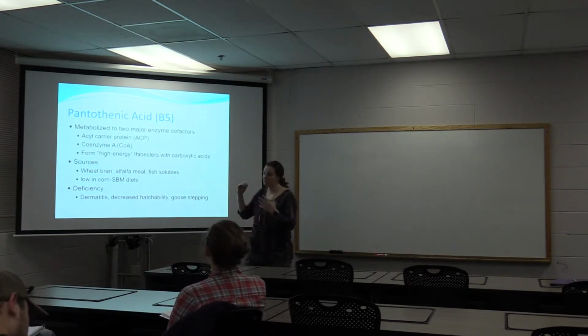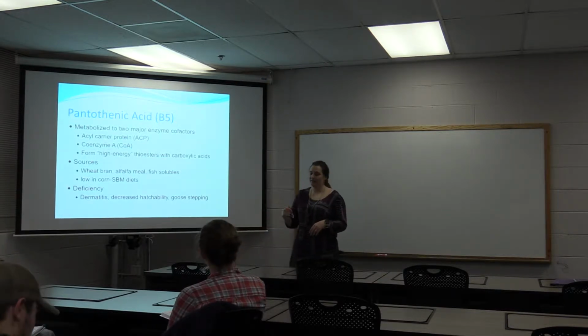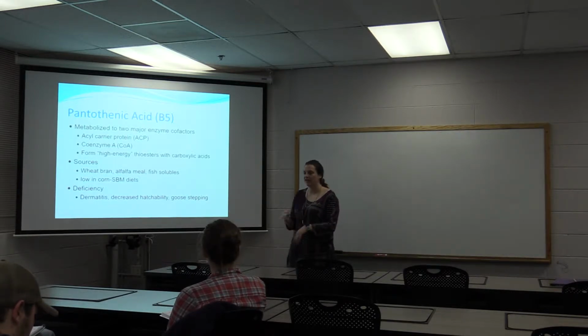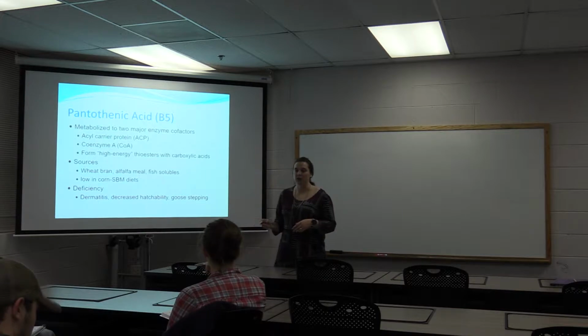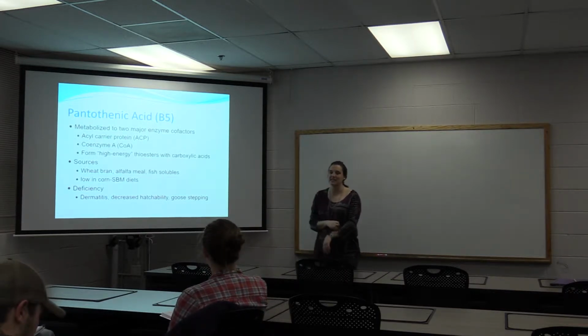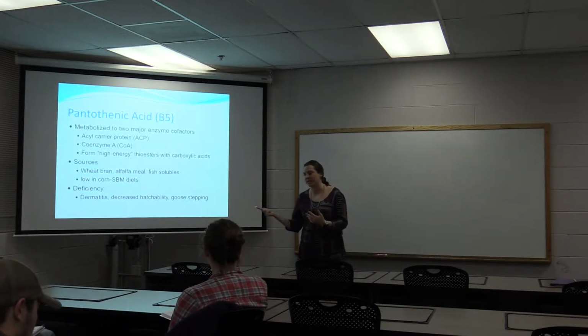So if your cells don't have energy to proliferate and regenerate, then they're not going to be able to have the protection. So you reduce that dermal layer. We have 4 different layers that make up the dermis. So if you can't regenerate the bottom one, you're not going to get adequate levels to where you have the dense skin on top that helps protect you. So that results in dermatitis.